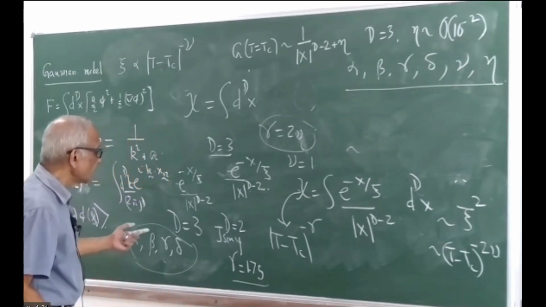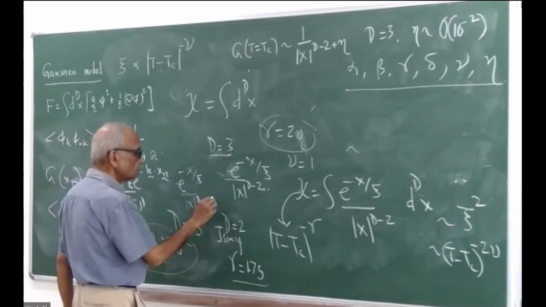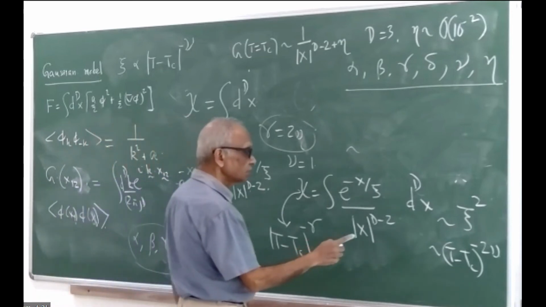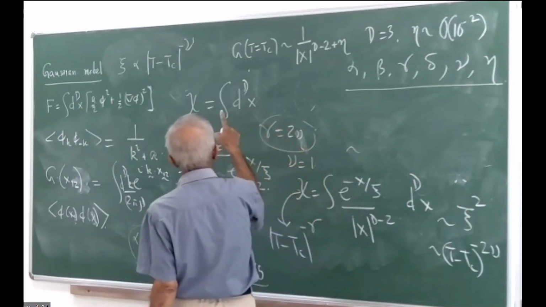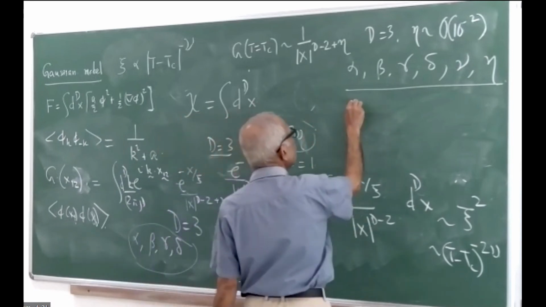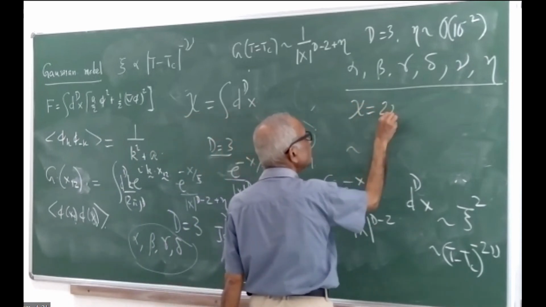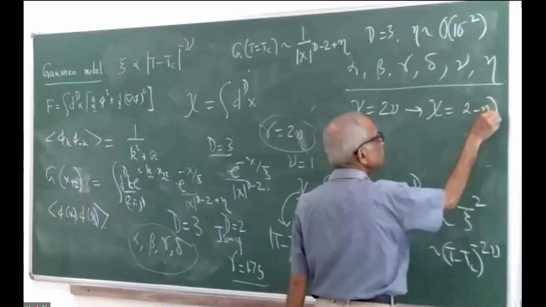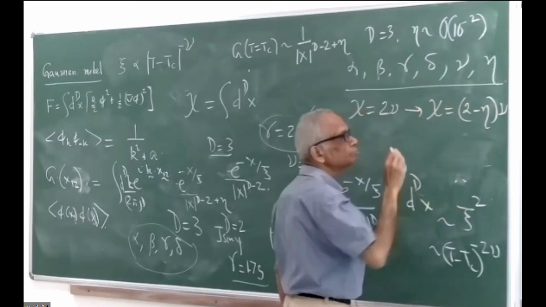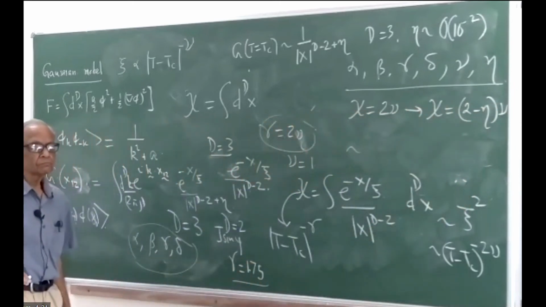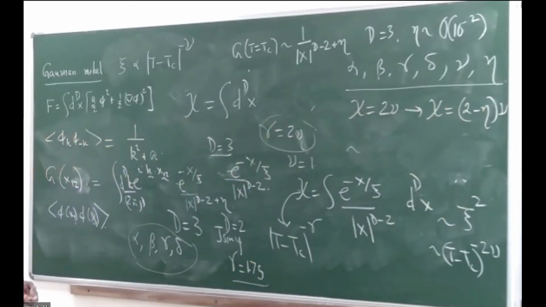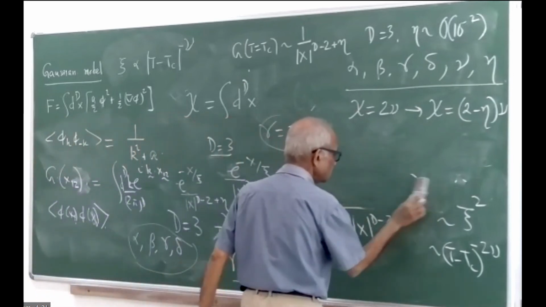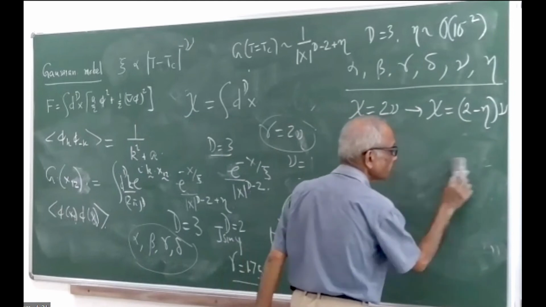And what happened is that it is x to the 2 plus eta. So chi, this relation which we wrote down as chi equal to 2 times nu, goes to chi equal to 2 minus eta.